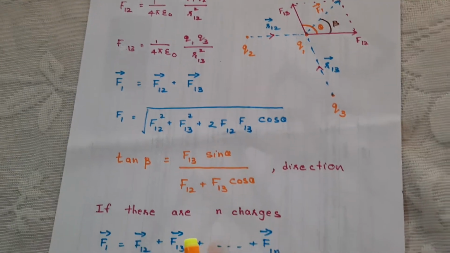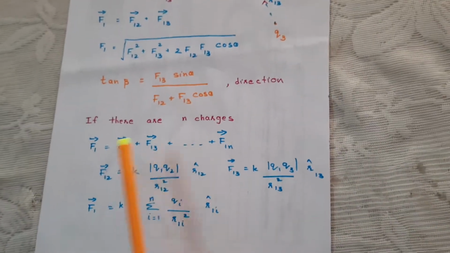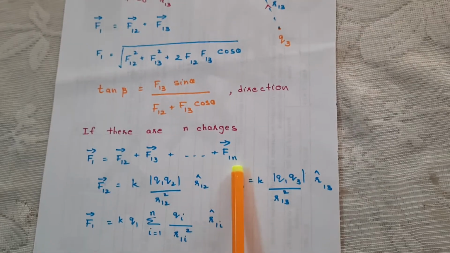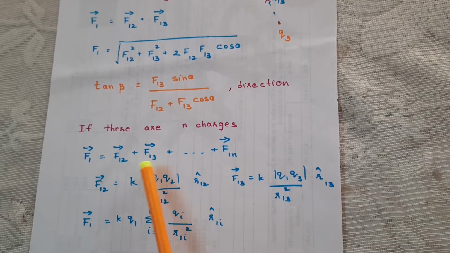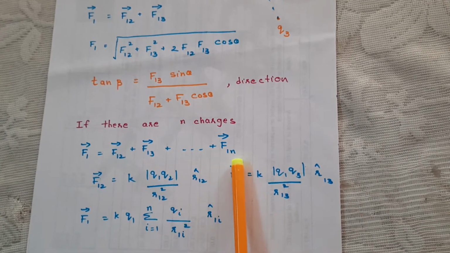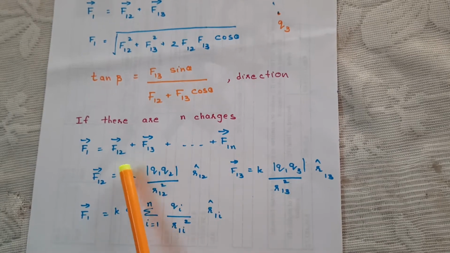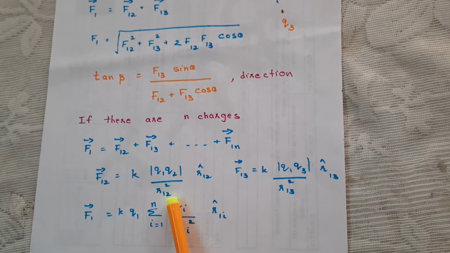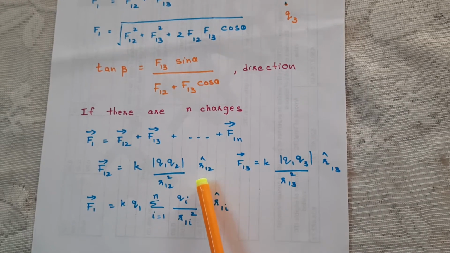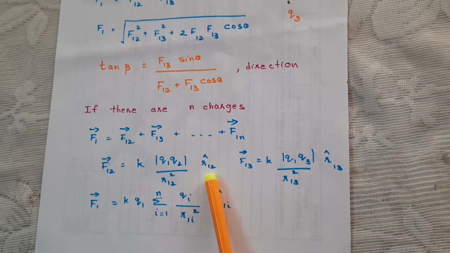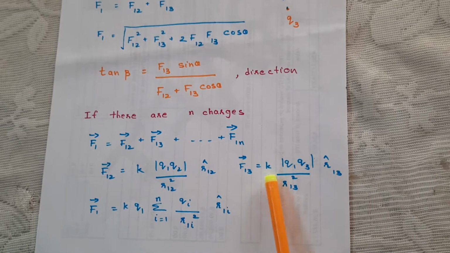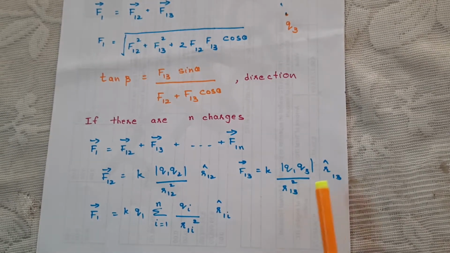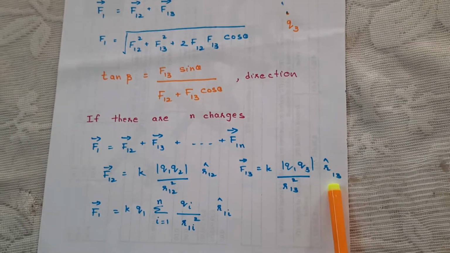If there are n charges, the net force F1 is the vector sum of individual forces F12, F13, etc. F1n, where vector F12 is k into modulus Q1 Q2 by R12 square into R cap 12 and F13 is k into modulus Q1 Q3 by R13 square into R cap 13.